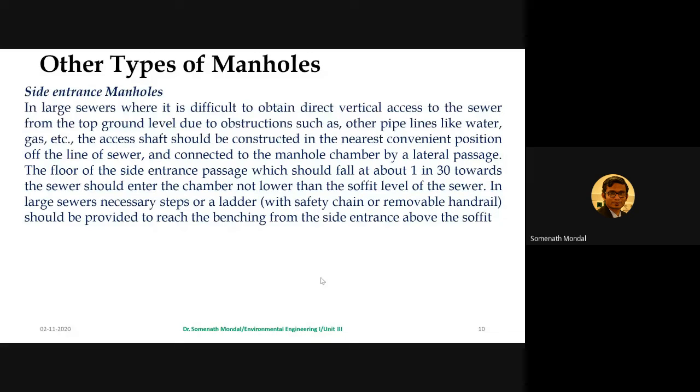Now the floor of the side entrance passage should fall at about 1 in 80 towards the sewer and should enter the chamber not lower than the soffit level of the sewer. So these levels are very important, and all of you should remember, in large sewers necessary steps or a ladder should be provided to reach the benching from the side entrance above the soffit, right?